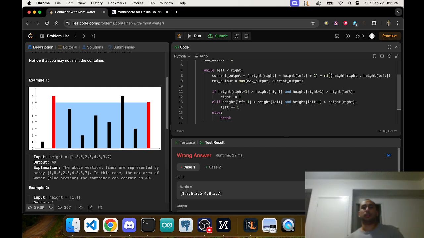Current output: 7 times the minimum height between the height left and height right. Alright, so that would be the minimum of these two times the distance. So right minus left plus 1.